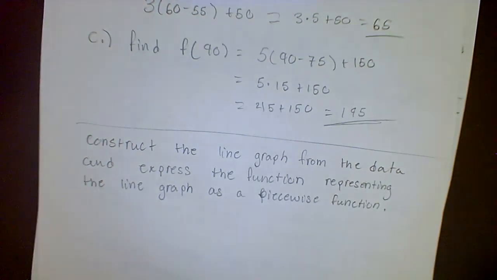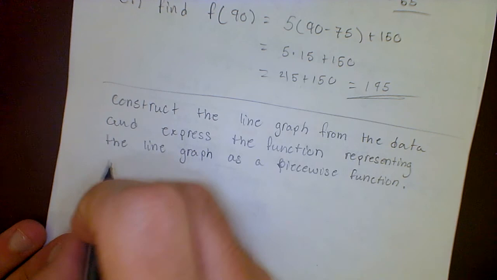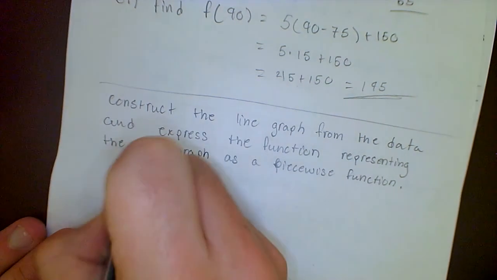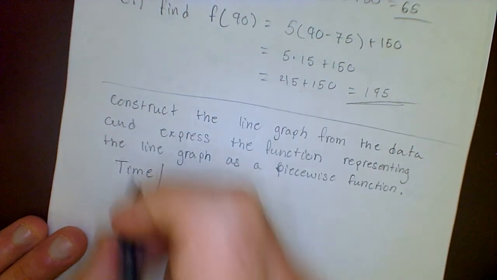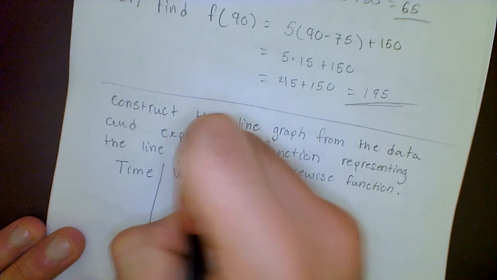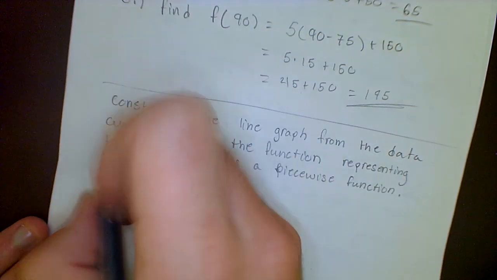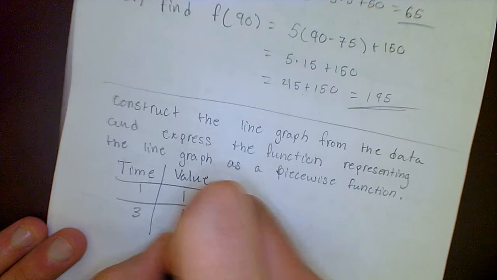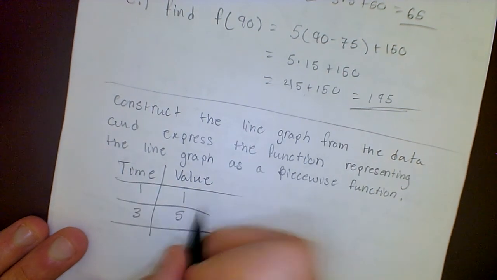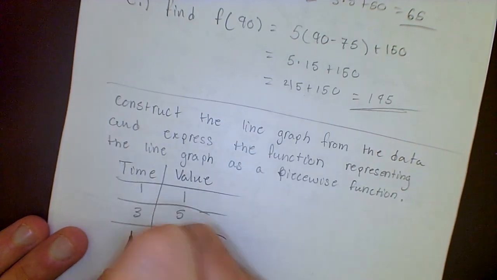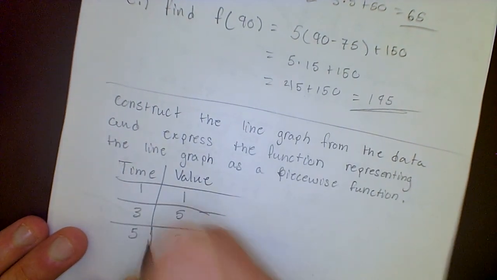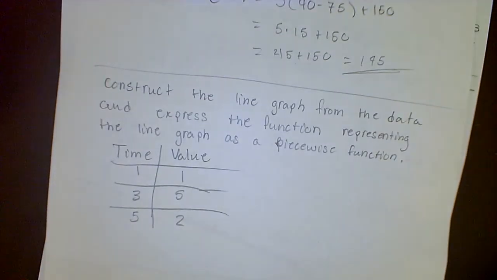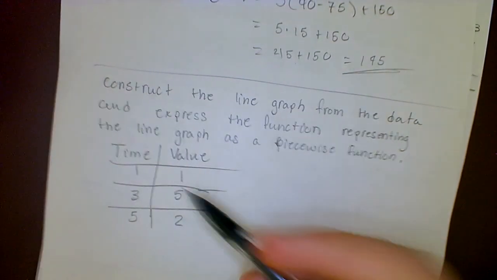Okay, and the data is time versus value. So we have (1, 1), (3, 5), and (5, 2). Okay, so the line graph means you just take these points.